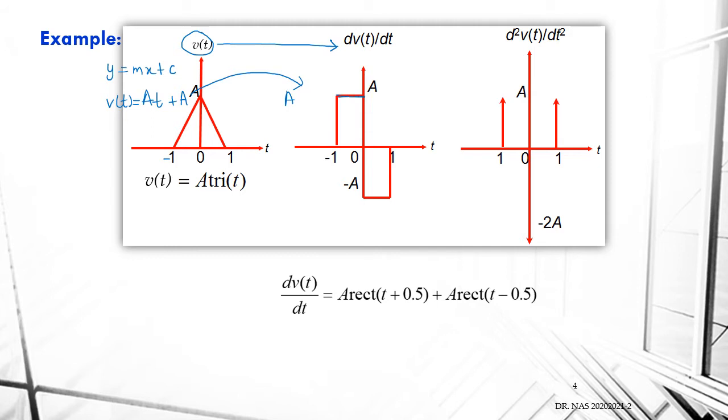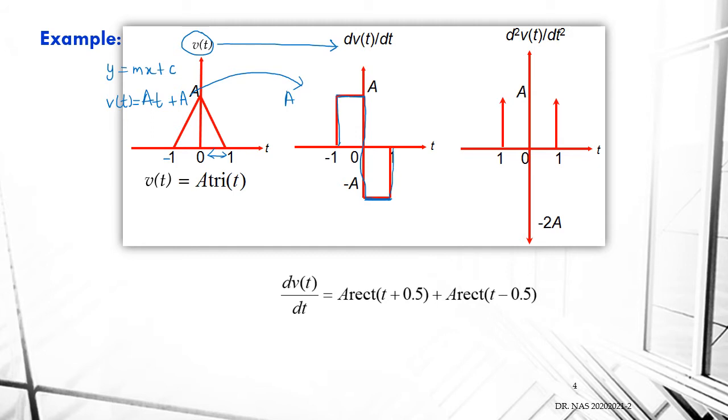Okay, and then the same goes for the second side. It is a negative slope, so A over 1 divided by minus 1. That's why you get negative A as the constant from 0 to 1. So this is the first derivative signal from v(t).